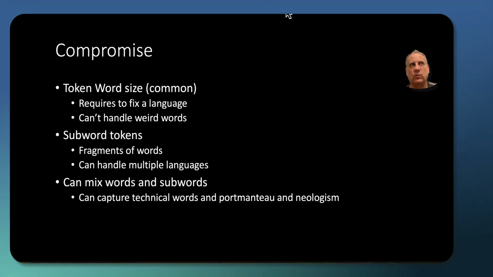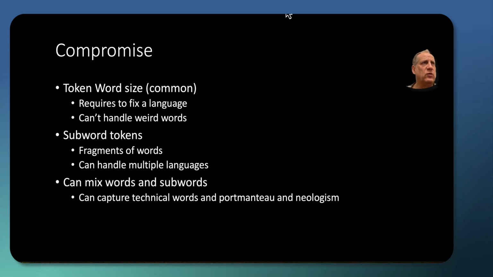So we'll be able to build our model for English or for French or for Chinese or whatever language we're using, but that'll be it. And we can't handle weird words, like if a new word comes together, it's a mix of other words or something like that. We don't have a symbol to represent it.